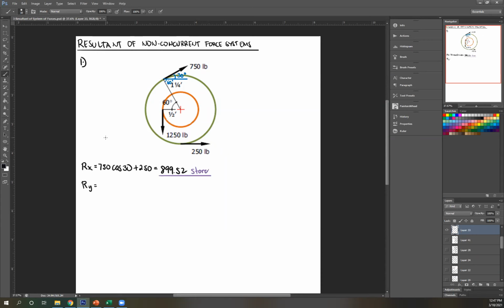And now do the same thing for y. This is upward, therefore positive, 750 sine 30. This is downward, therefore negative 1250. This doesn't have a vertical component. So what is Ry? Correct. Negative 875.